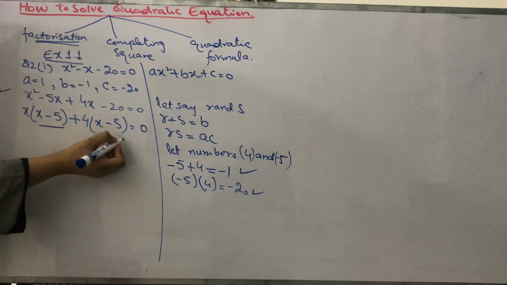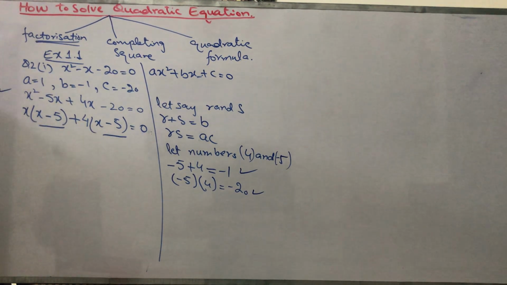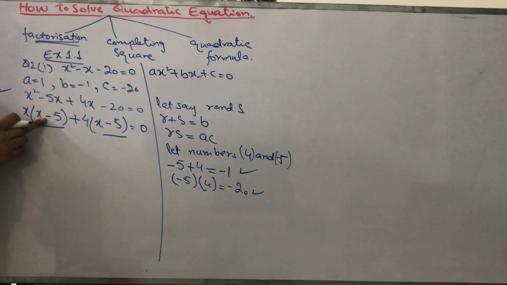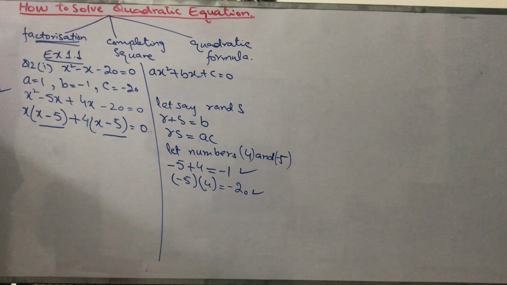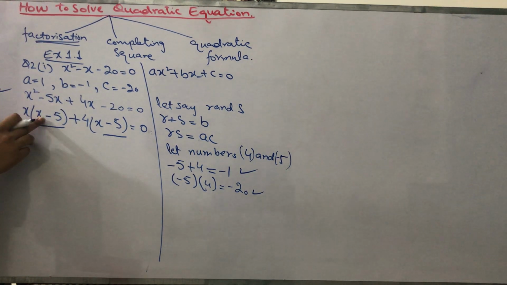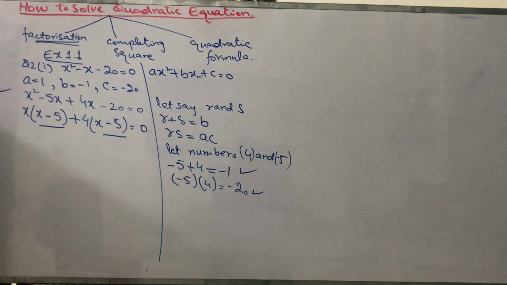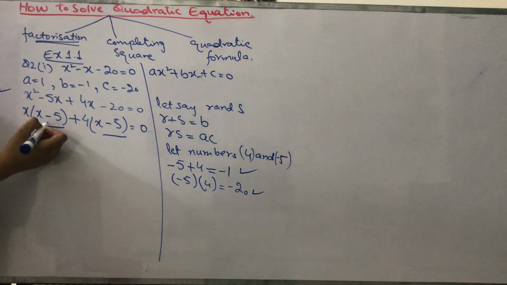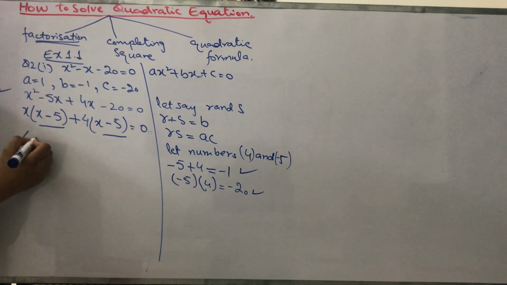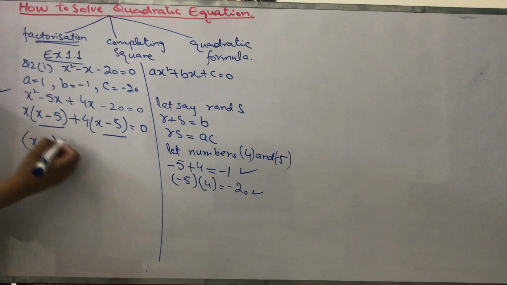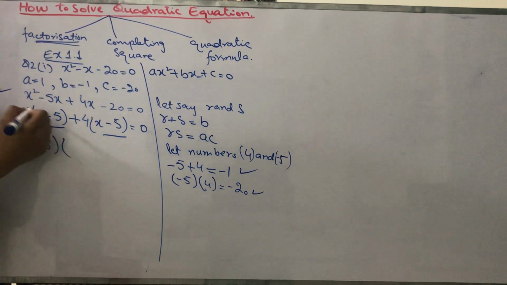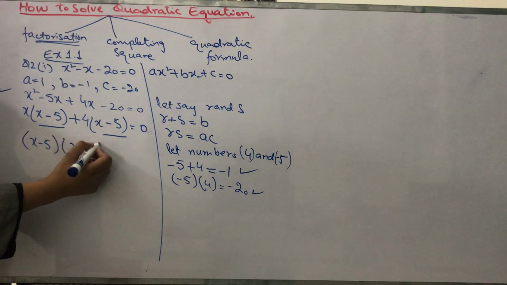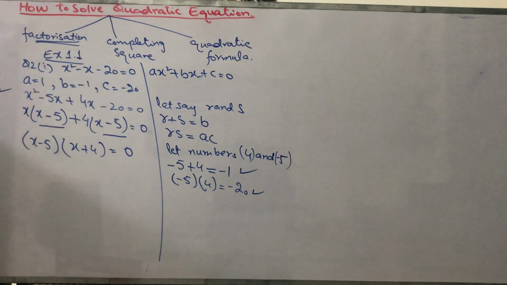This bracket should be the same as this bracket. These both brackets should be the same. The sign should be the same, the values should be the same, each and everything should be the same if you are doing it correctly. So x minus 5, it means this is correct. So we can take it common. X minus 5 is common. So I'm just left with x plus 4 is equal to 0.